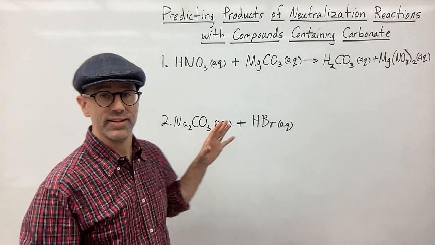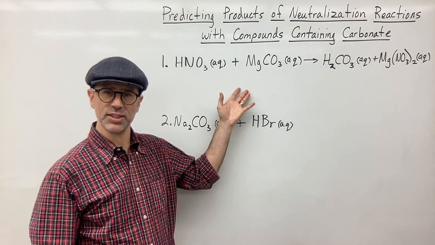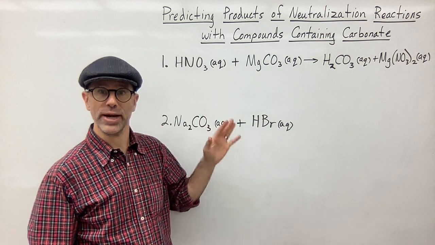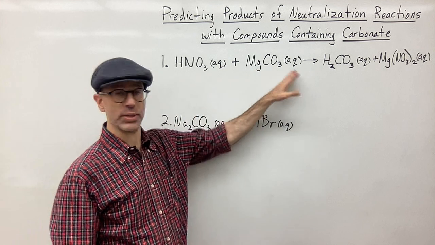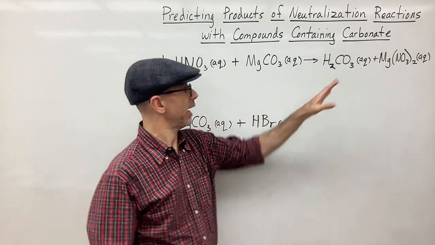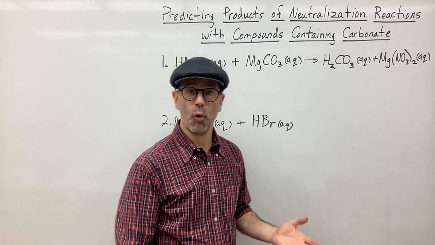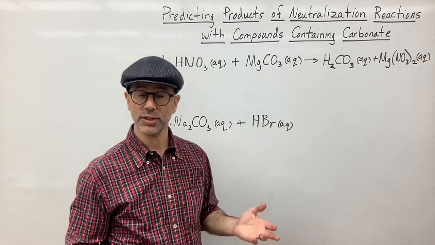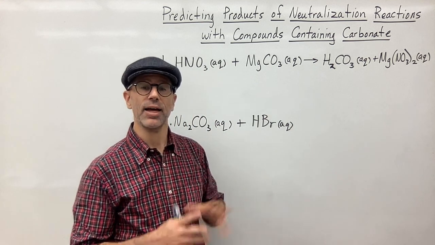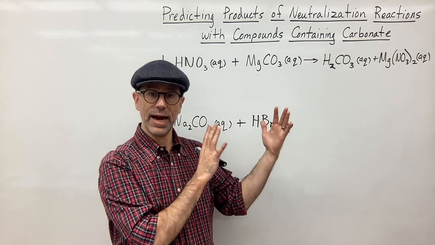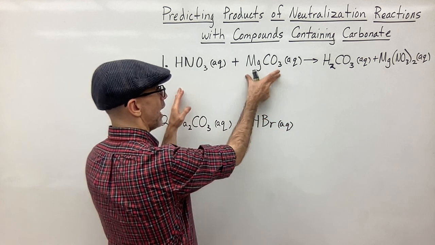This is where, if you're not careful, you might misread this reaction and say, oh, it's no reaction. Why? Because I have two aqueous solutions on this side and two aqueous solutions on this side, therefore no reaction. That would be the case if we had two ionic reactants on one side. Here we have ionic.